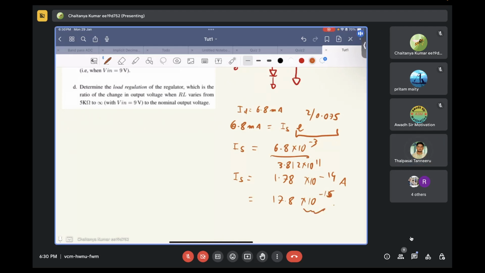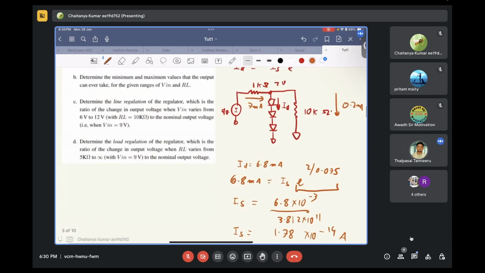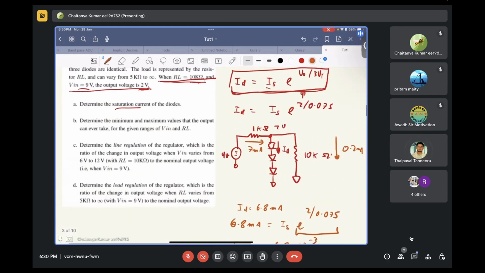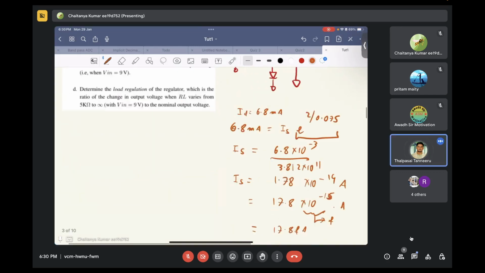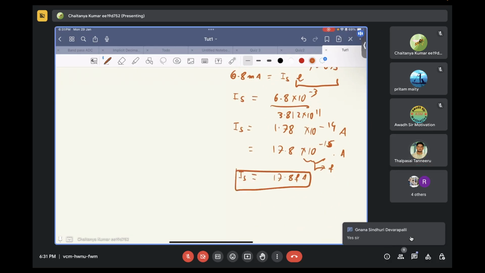Yes, sir. 10 to the power minus 15 is femto. So the value of saturation current comes out to be 17 femtoampere. Is this clear to everyone? Yes, sir. So saturation current we have found out.